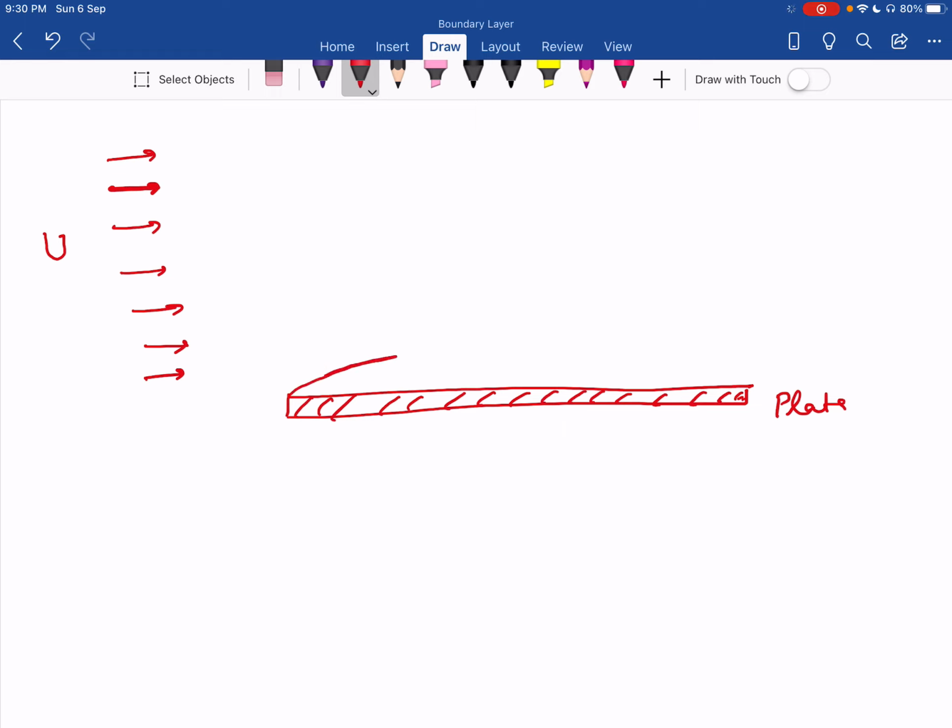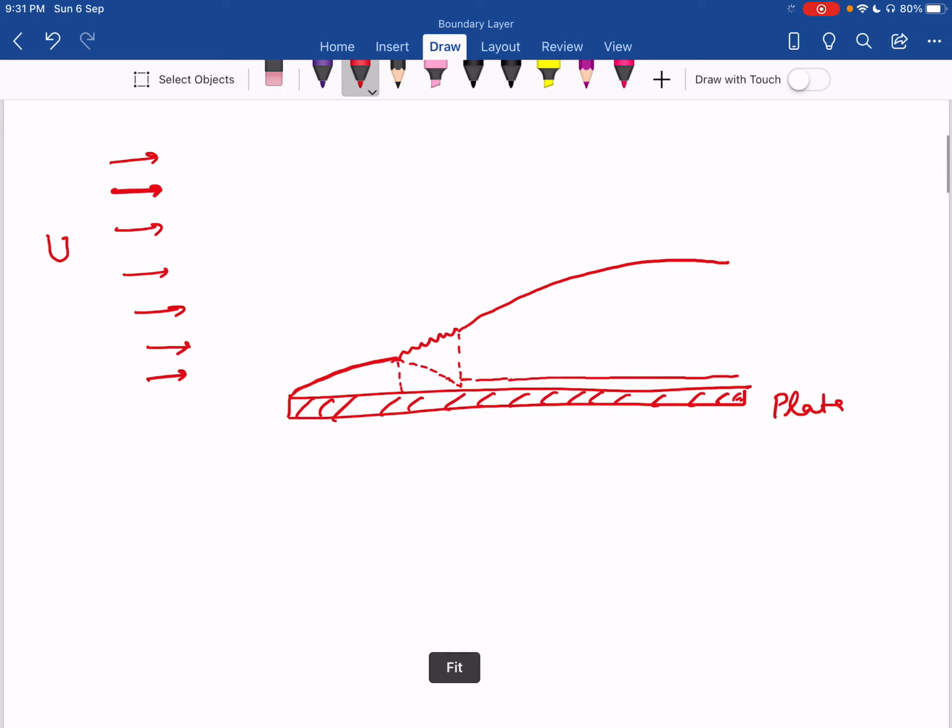You can say it changes its thickness something like this. You can see along this curve.